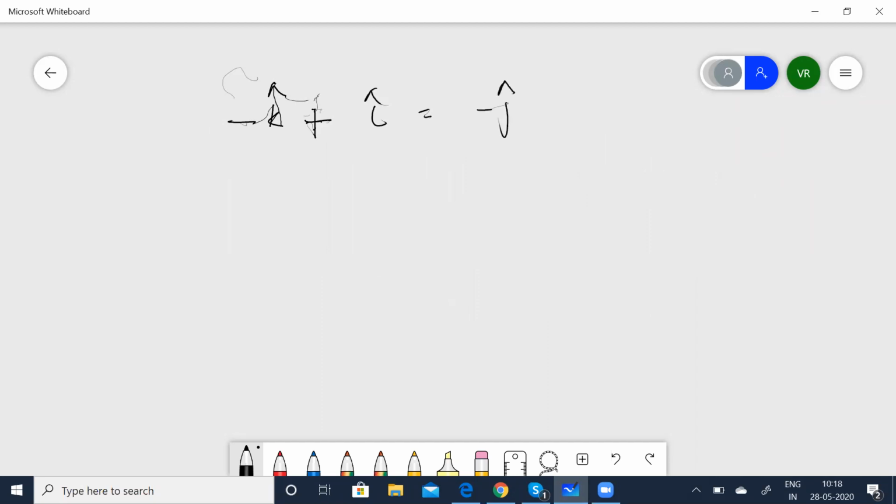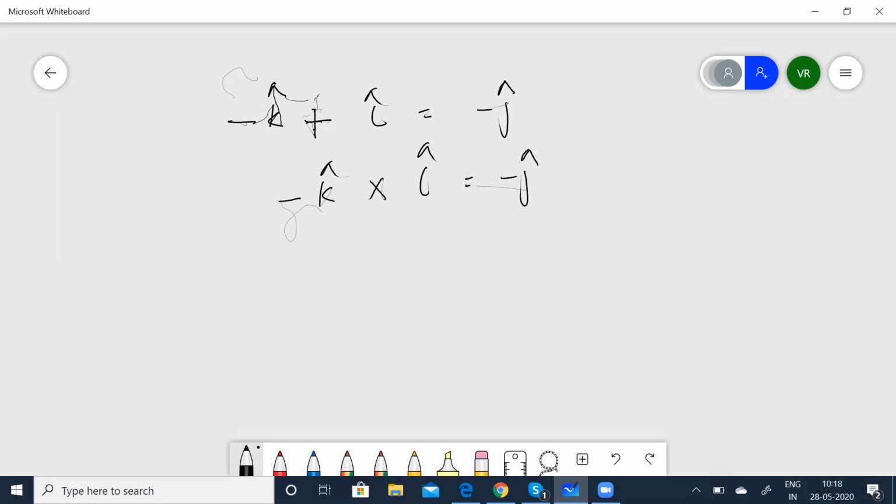I'm sorry children, minus k cap cross i vector. You know, i cross k is j. Sorry, k cross i is j. So now we have minus because it's now going to be the opposite. So we'll have to take it as minus k. So minus k cross i will be minus j.